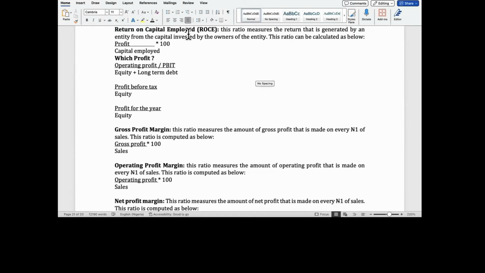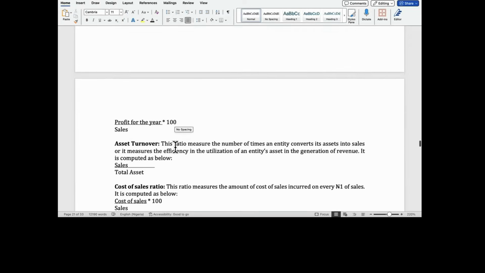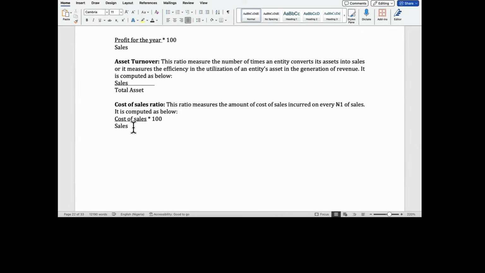Because your gross profit is sales minus cost of sales. So if gross profit is 10, automatically cost of sales would be 90. If your gross profit margin is 10%, your cost of sales ratio will definitely be 90%. Finally, here is the expense to total expense ratio.